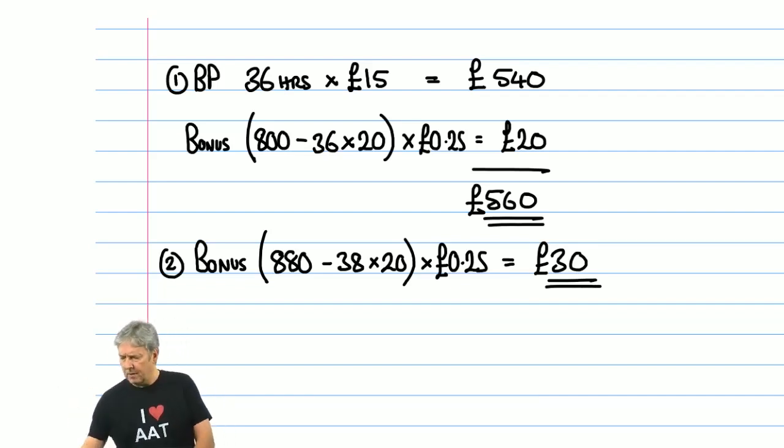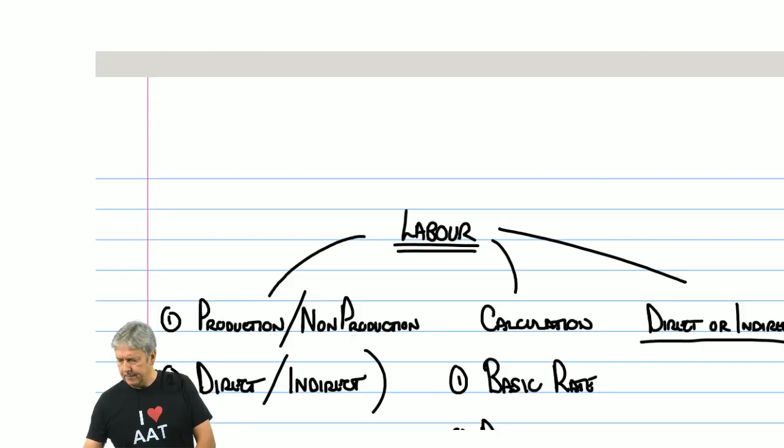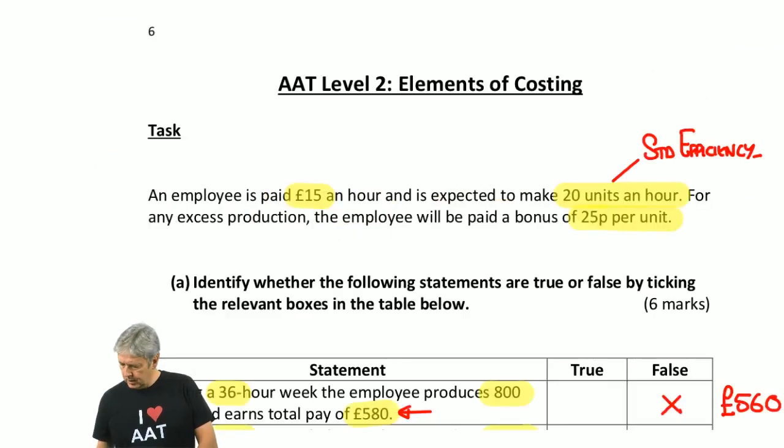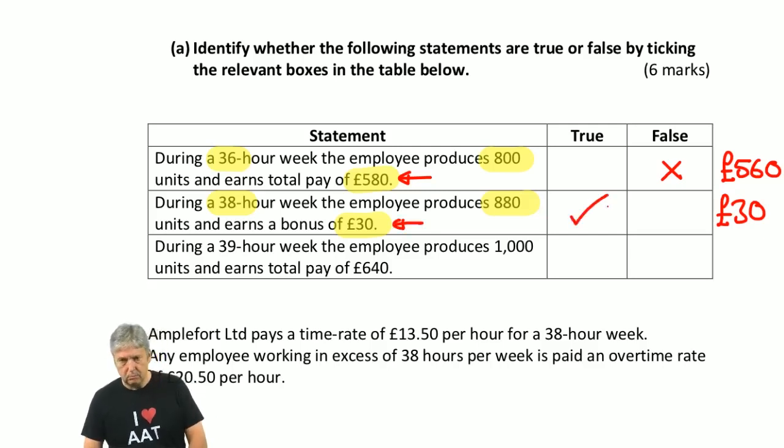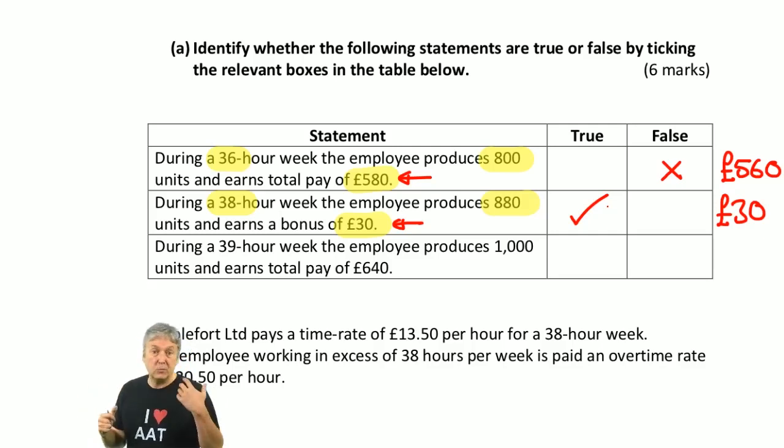So I can't remember, my brain being a sieve. So back to the question. We said that the bonus was £30. Hey presto, that is true. Okay? So step by step, each of these worth 2 marks.